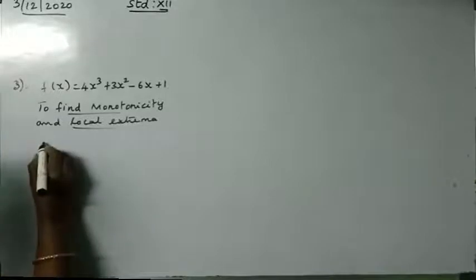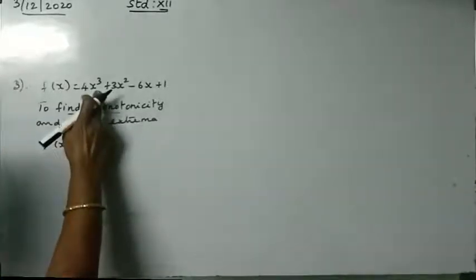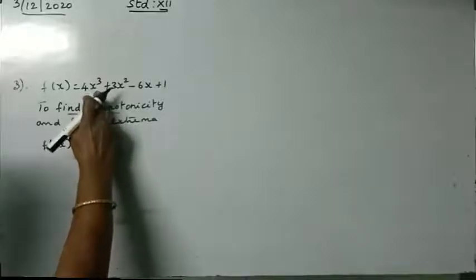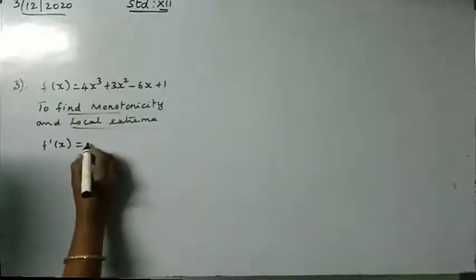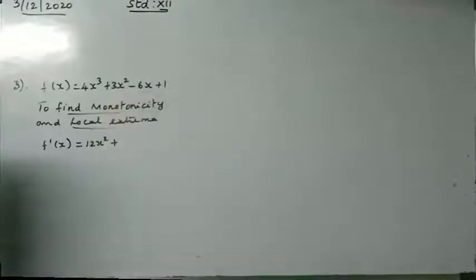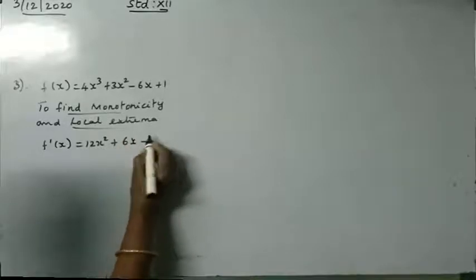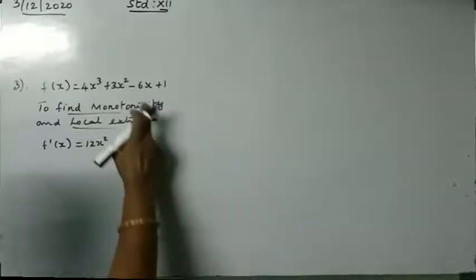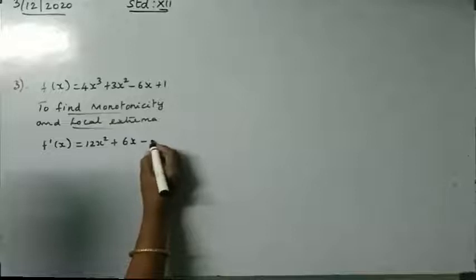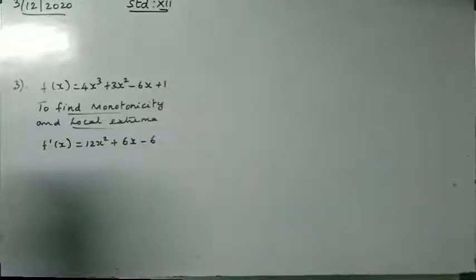Now for f of x, first find f dash of x. Differentiating 4x cube gives 12x square, plus differentiating 3x square gives 2 into 3, 6x, minus differentiating 6x gives minus 6, and 1 differentiates to 0.